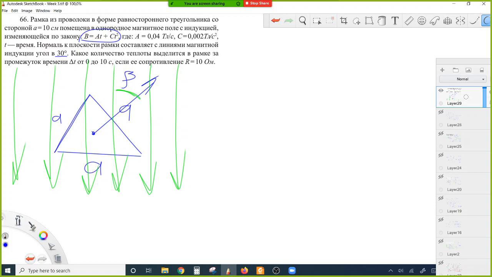Okay, find the energy which is released in the interval of time from 0 up to 10 seconds if the resistance of our loop is 10 ohm.